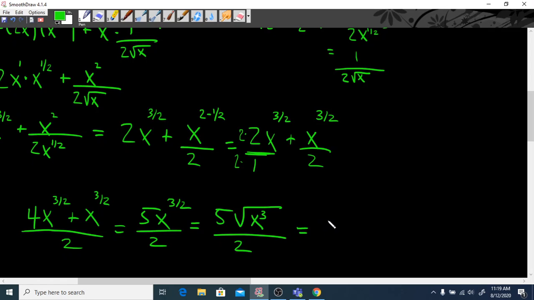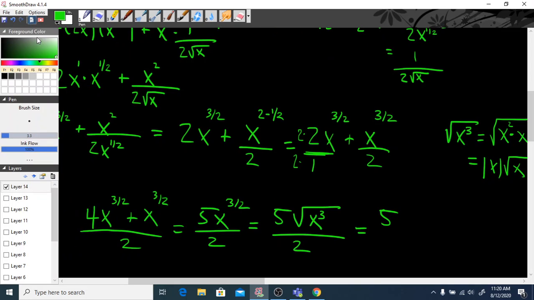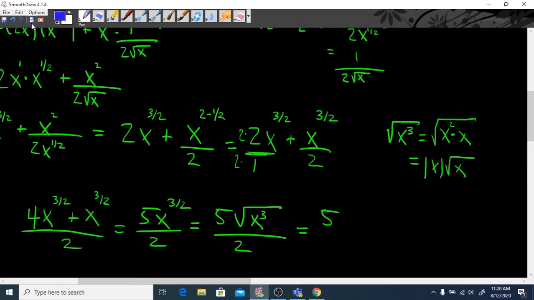In the following way, basically, the square root of x cubed is the square root of x squared times x. And the square root of x squared technically is absolute value of x times the square root of x. However, because of this, x cannot be negative, okay?